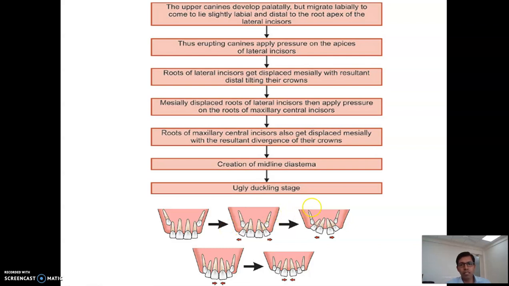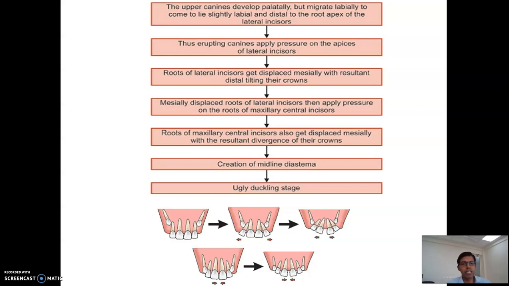The root of the lateral incisor displaces mesially, with resultant distal tilting of the crown. The mesially displaced root of the lateral incisor then applies pressure on the root of the maxillary central incisor. The root of the maxillary central incisor also gets displaced mesially, with resultant divergence of the crowns.